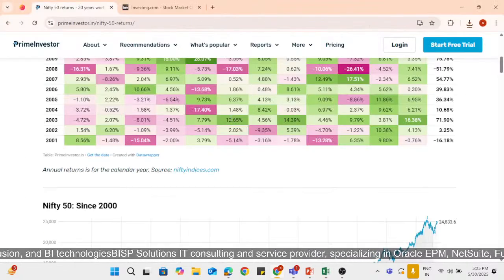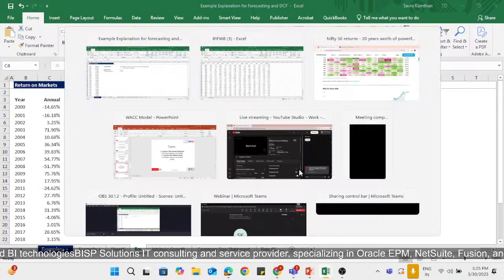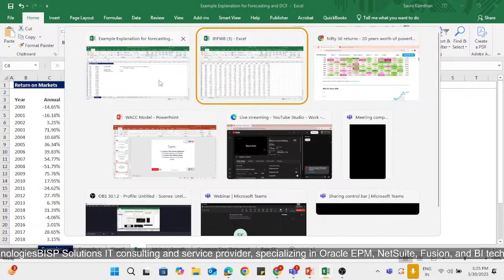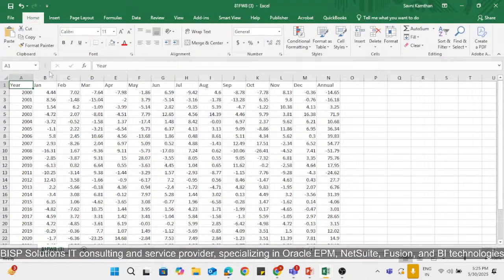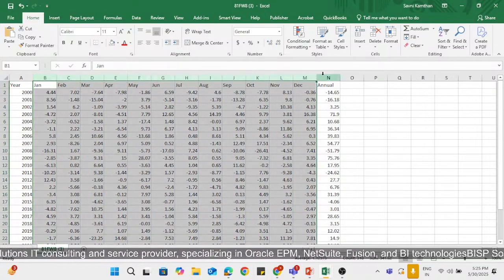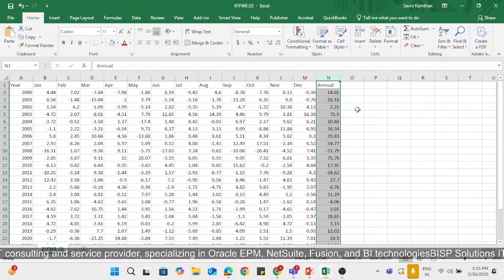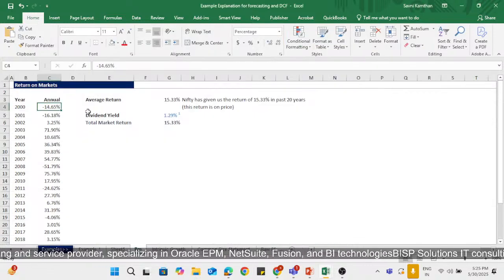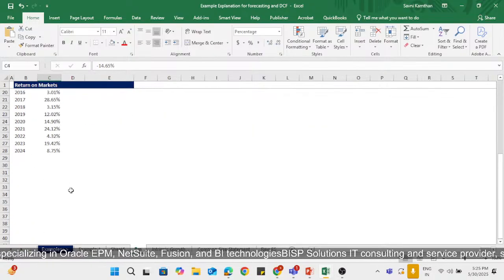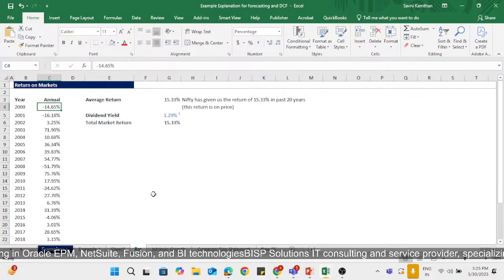We don't want all this data, we just want the annual data. So we will copy it and paste it in our annual data, with years from 2000 to 2024, because 2025 data is not available as we are taking annual returns.